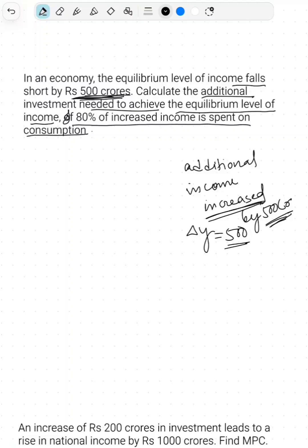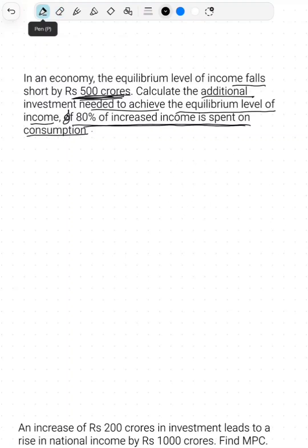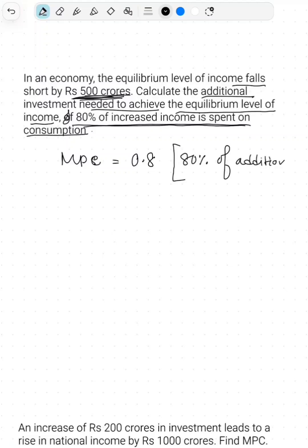Calculate additional investment needed to achieve the equilibrium level of income if 80% of increased income is spent on consumption. So, can I write MPC is equal to 0.8, if the question mentions 80% of additional income is spent on consumption.